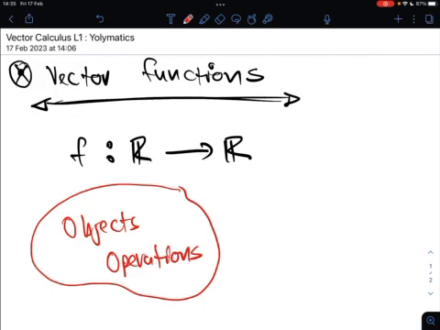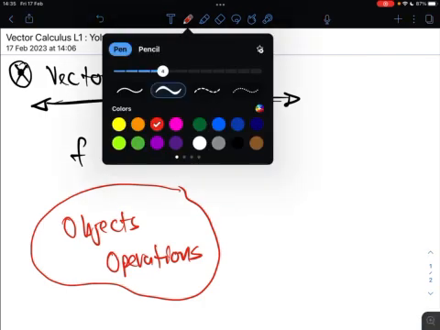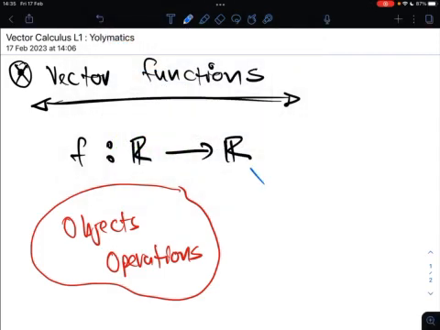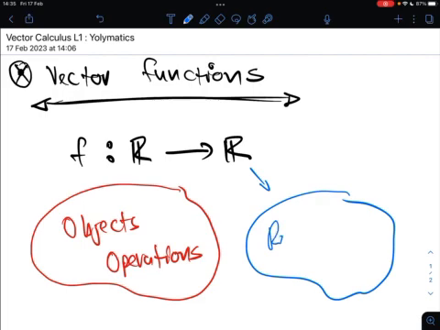If you look at the functions that we looked at in first year, you will see a particular space that they were working on. They were working on a space that is called the space of real numbers, in which the objects inside were just the real numbers. Inside this space, there were many different operations that one can define, things like addition, multiplication, division, and many other different operations.